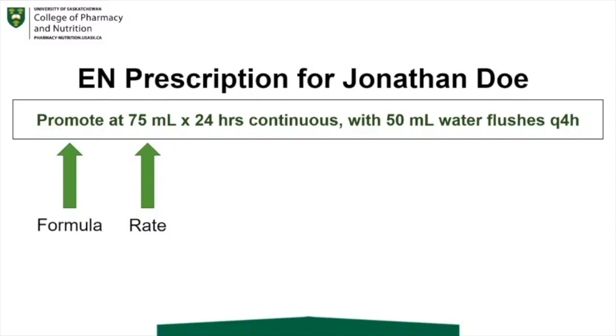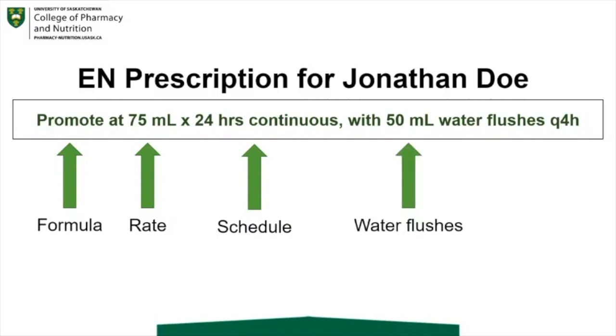As our patient is critically ill, it is common practice to start with a continuous feeding schedule, which is stated after the rate. Lastly, we state the volume of water that should be flushed into the feeding tube that is determined by the patient's fluid requirements.